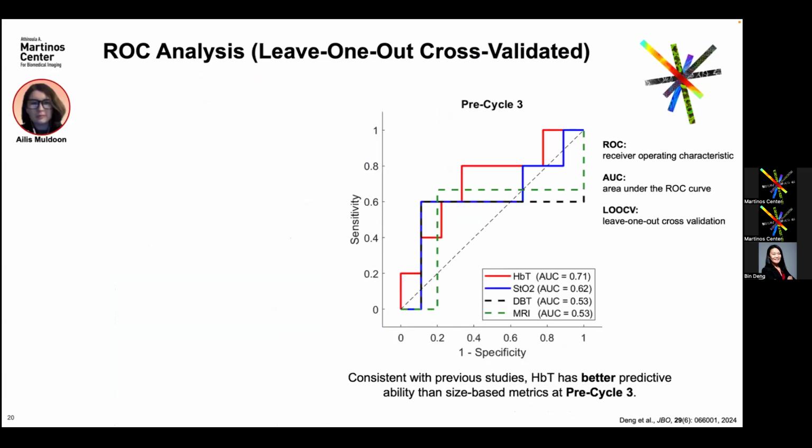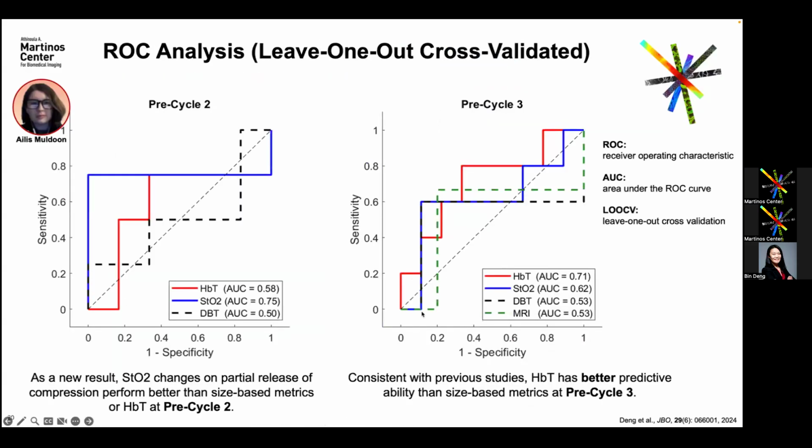We did the receiver operating characteristic analysis using leave-one-out cross-validation. At pre-cycle 3, you can see HBT has a higher area under the curve compared to size-based metrics, which is consistent with other groups' research. At pre-cycle 2, HBT performance is not that great. However, the SO2 picks up and has a pretty decent performance.